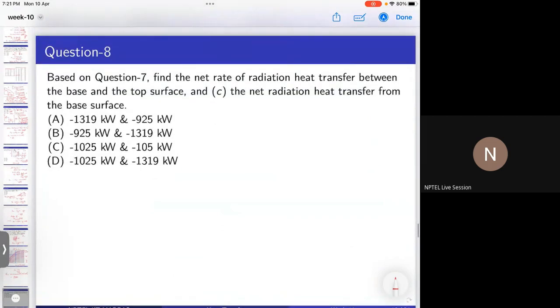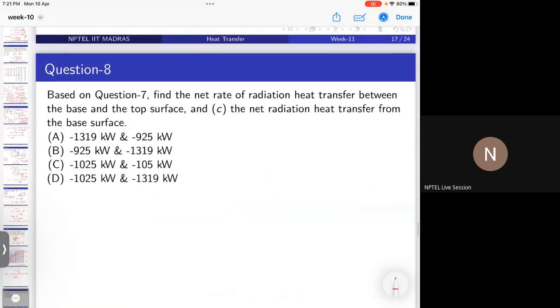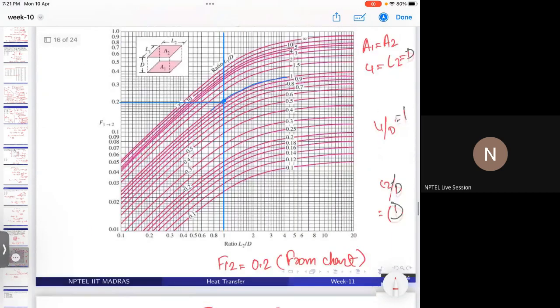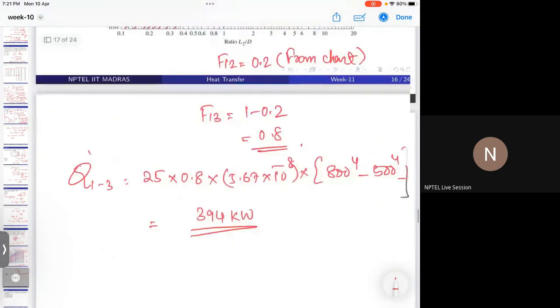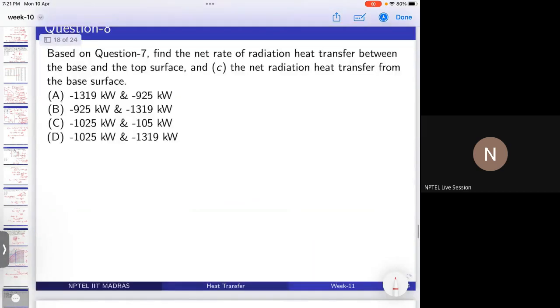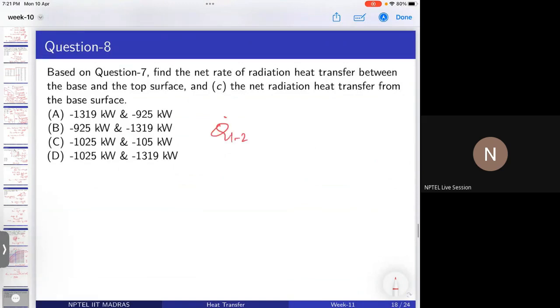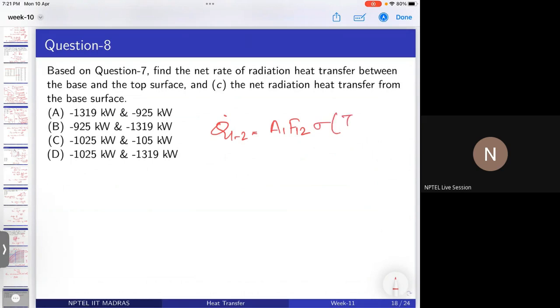In the next question we have to find out the net rate of radiative heat transfer between the base and the top, that is between 1 and 2. Now it's very easy because Q1 to 2 is equal to A1 F12 sigma, this is a black body, (T1 raised to 4 minus T2 raised to 4).